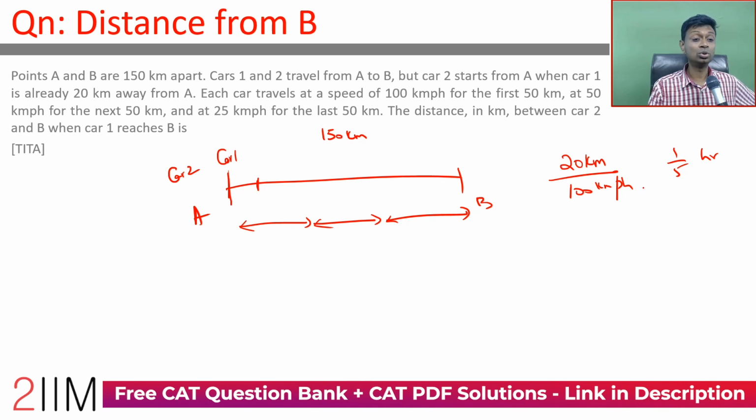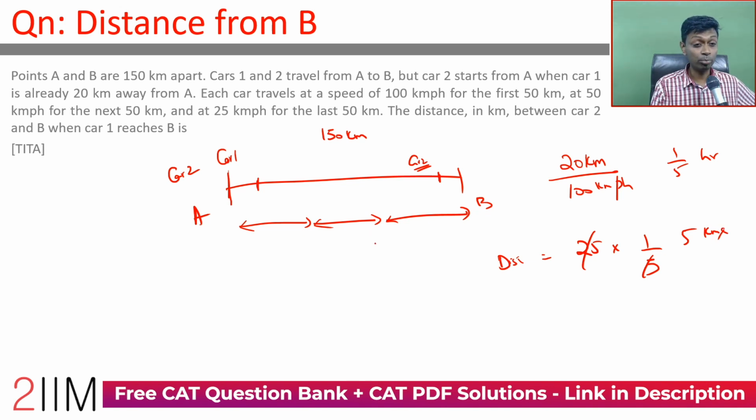Now car 2 starts 12 minutes behind car 1. Finally, when car 1 reaches B, car 2 will be at a point where it's going to reach in 12 minutes. This is the last stretch, traveling at 25 kilometers per hour, and another 12 minutes to reach, so the distance is 25 into 1/5, or 5 kilometers.